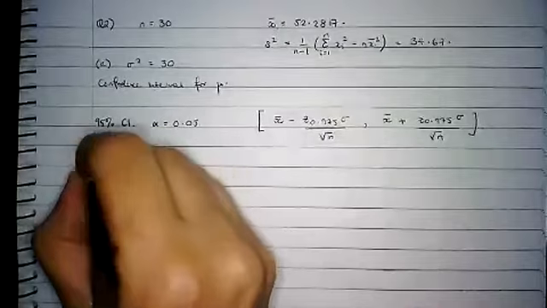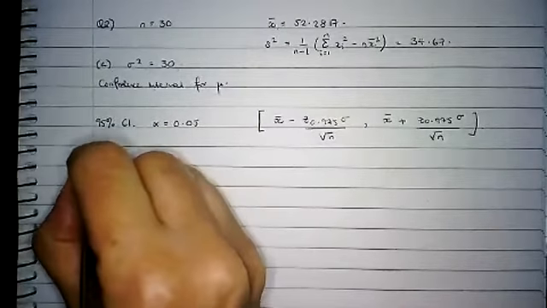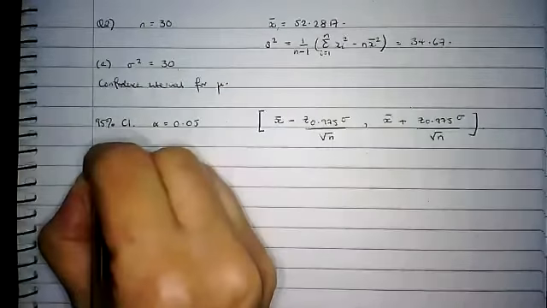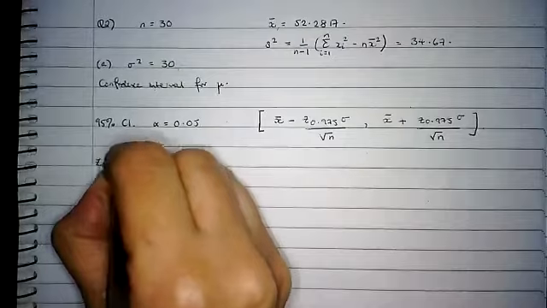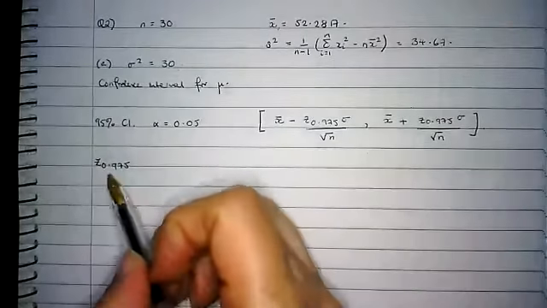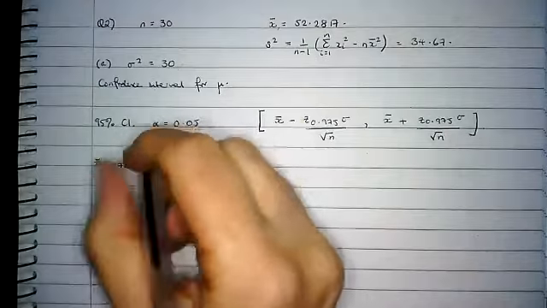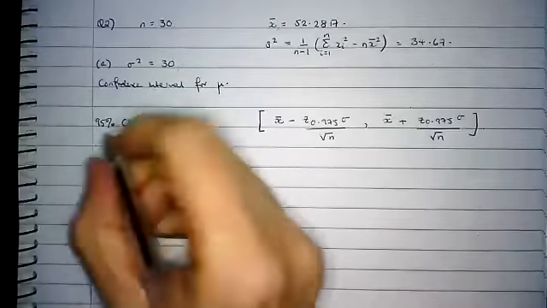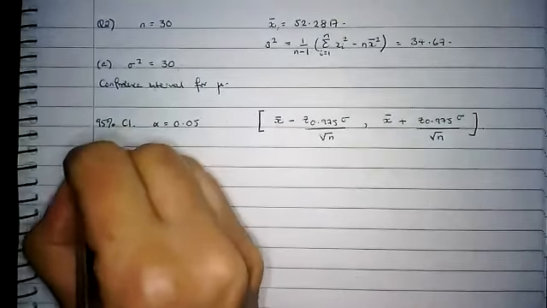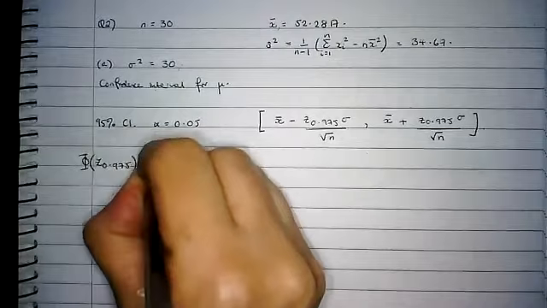Now, what we denote by z with a number here in the suffix is the solution to a certain equation in terms of the normal distribution. So what we say z does is it solves this equation.